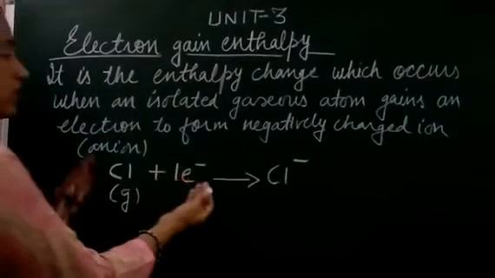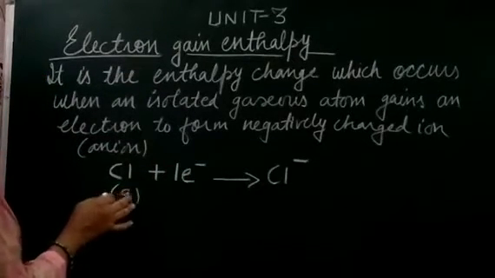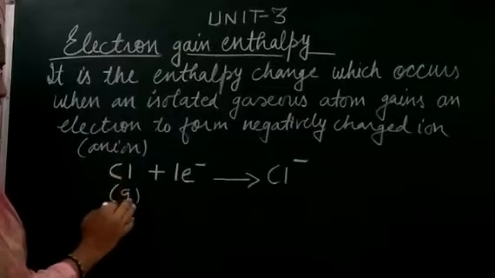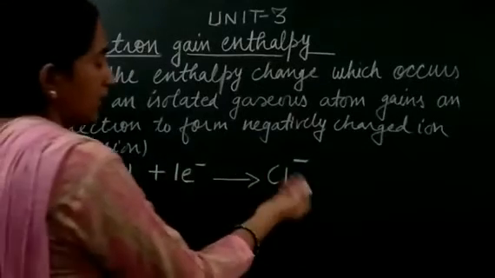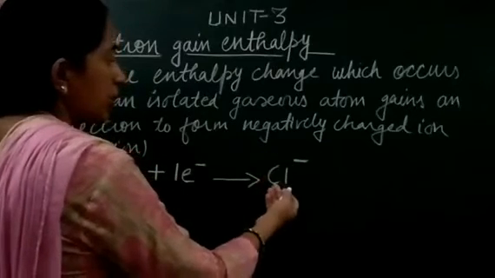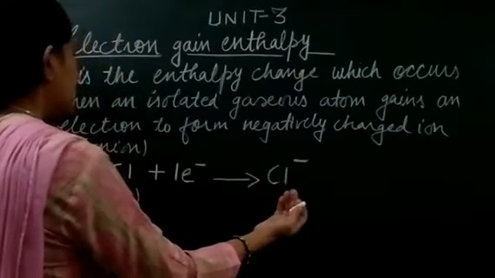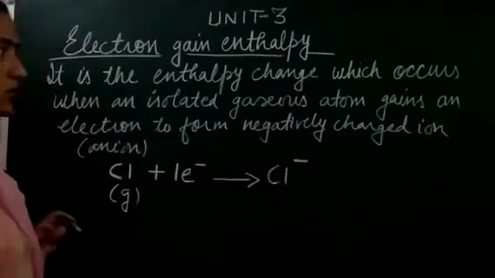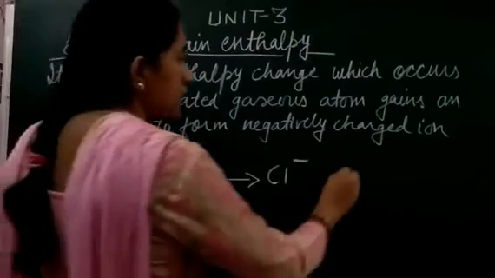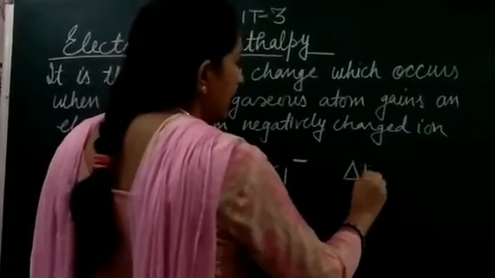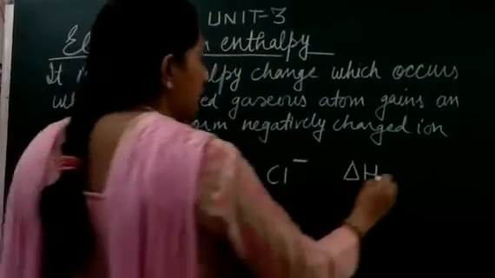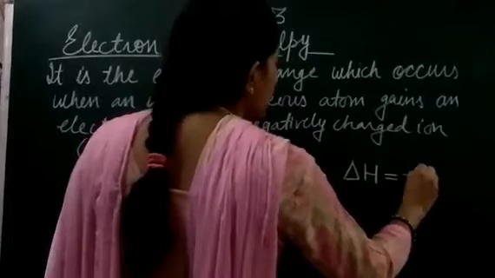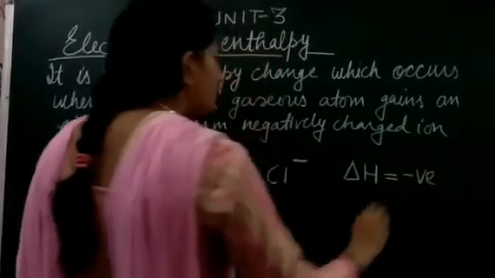Right. So before the reaction, the energy of that chlorine atom will be different, and after getting changed into Cl negative, its energy will be different. That energy difference is denoted by delta H, and it is known as the enthalpy change, and it is going to be negative here.